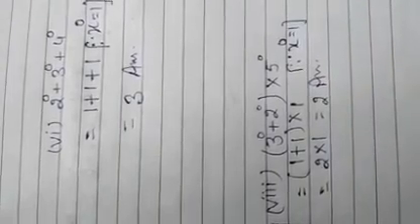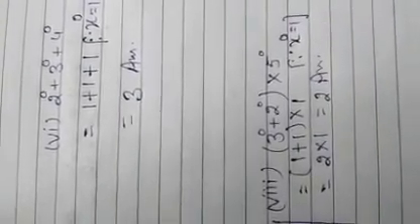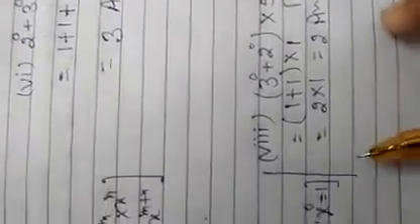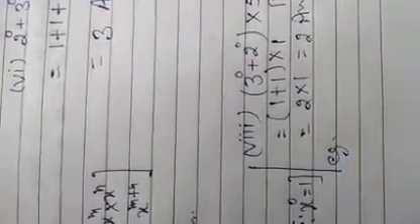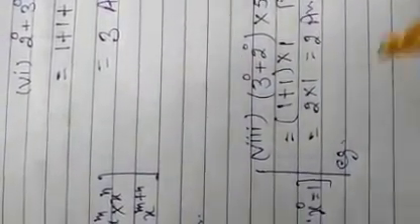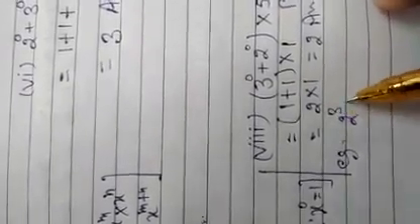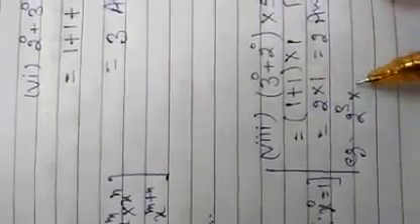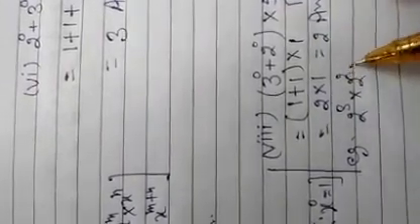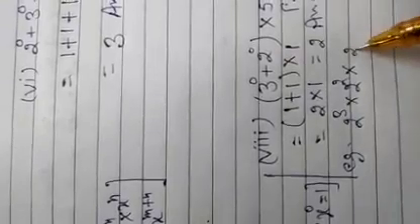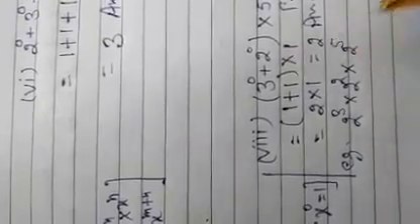This is the question. Now you can solve some more problems based on this. For example, just take any example from your side. Suppose you are having 2 raised to the power 3 multiply 2 raised to the power 2 multiply 2 raised to the power 5.